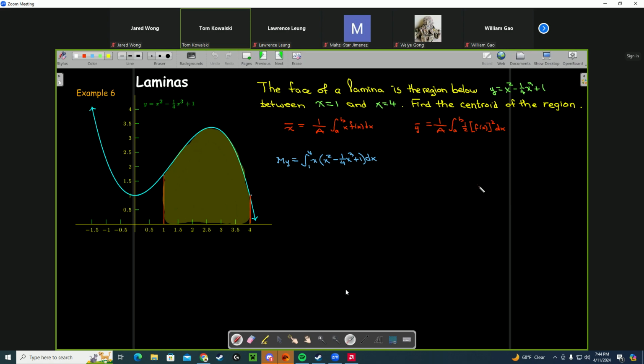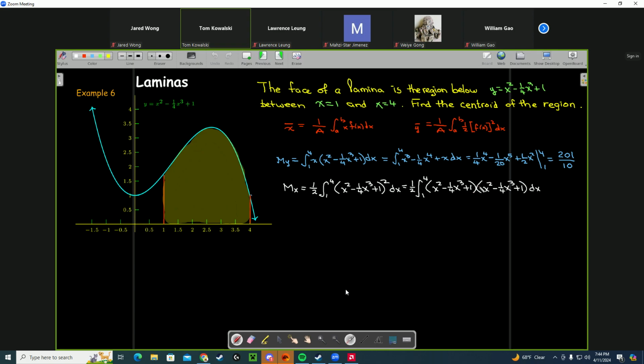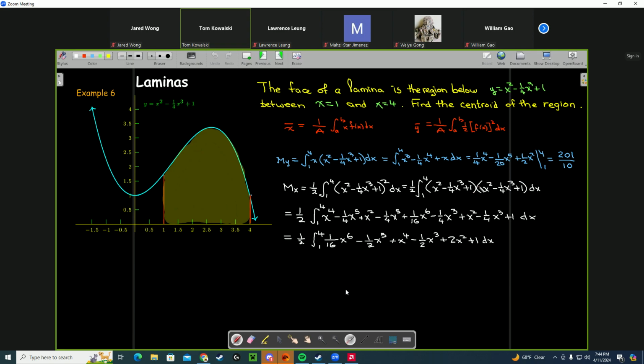And I'll just use the formula to do that. I won't spend too much time talking about the details unless somebody has a question. And we'll go through that again. When you have polynomials, really, you just have to be careful with the algebra and use the power rule and make sure you get the evaluation correct there.